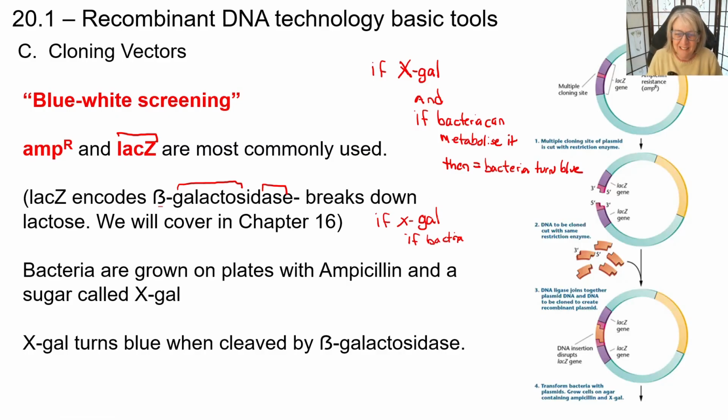If the xgal is in the plate and the bacteria cannot break it down, so they can't make beta-galactosidase, then they stay white. So if you cannot metabolize xgal, you don't turn blue.